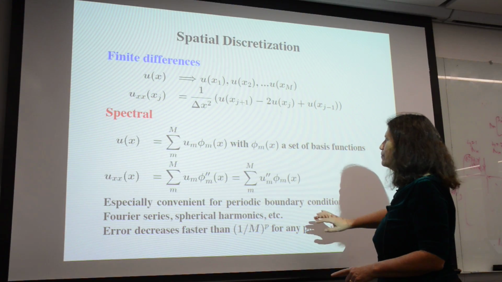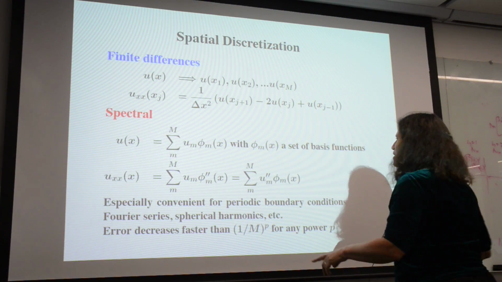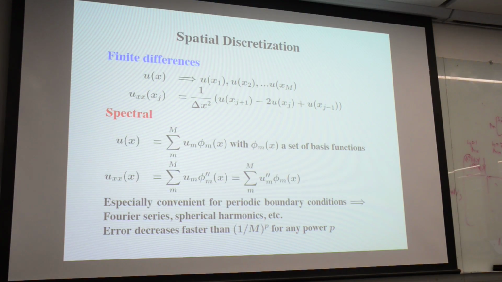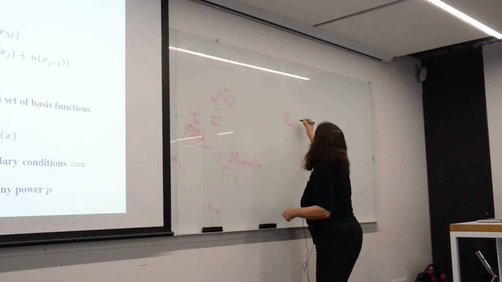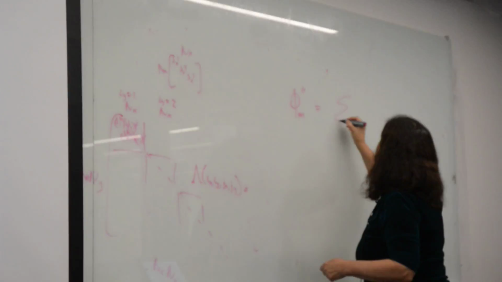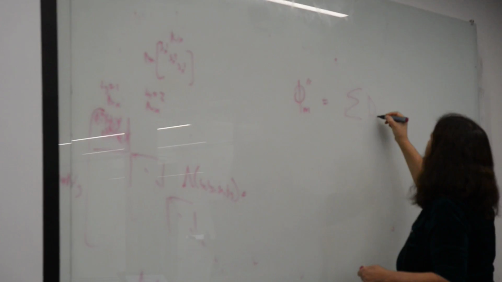Very poor notation, really bad. I don't know how I could have used such poor notation, and me in math, what a scandal. What I mean is that I should have written phi_m prime is equal to some sum, say, of d_mj phi_j.